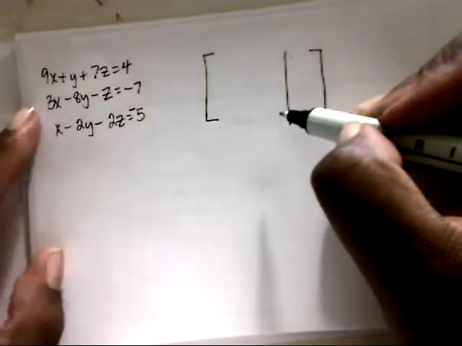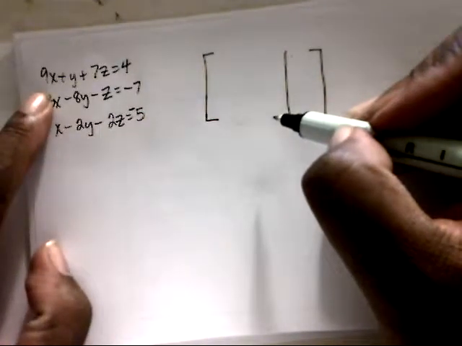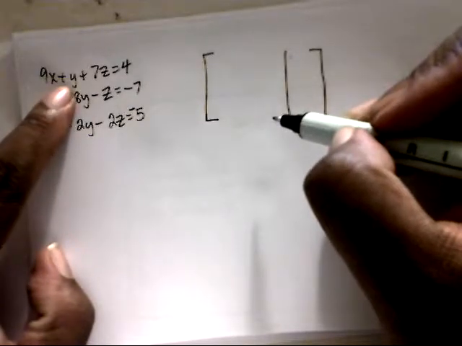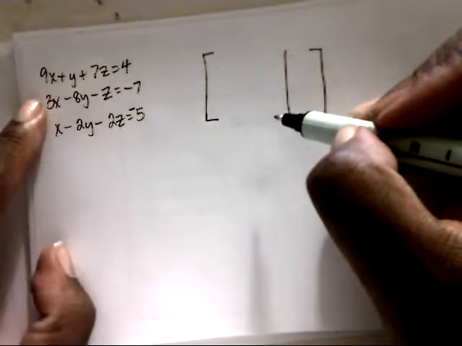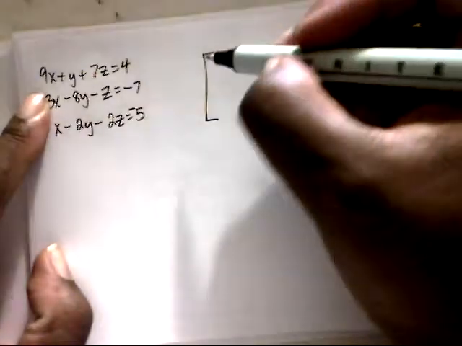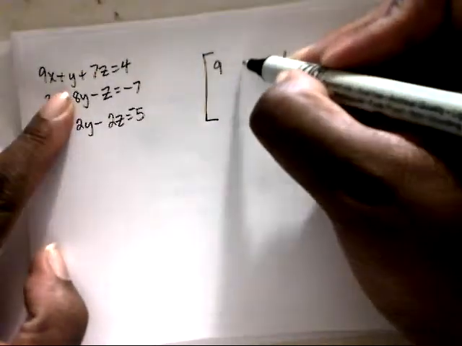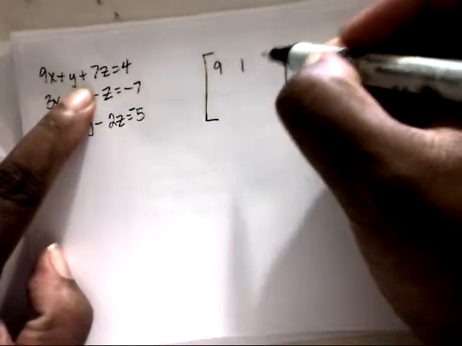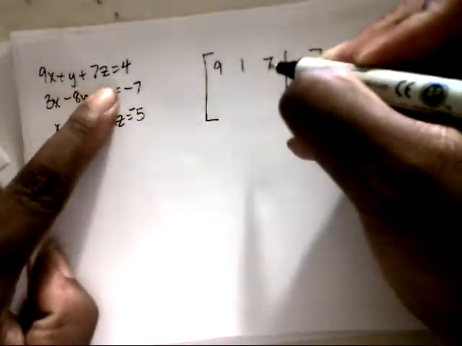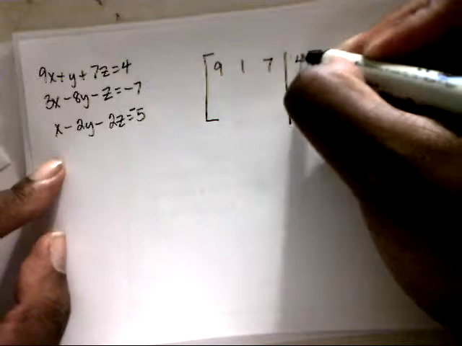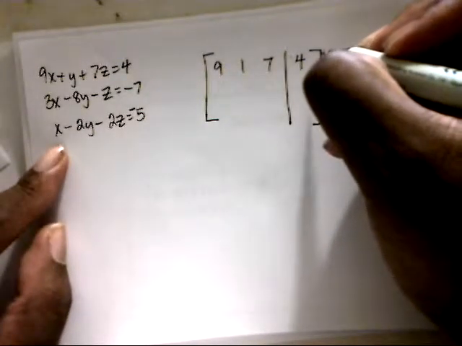And then I'll just write down, for the first equation, the coefficients. For 9x plus y plus 7z, the coefficient of x is 9, so I write down the 9. The coefficient of y is 1, and the coefficient of z is 7. My constant is 4, so the 4 will be behind the vertical bar.